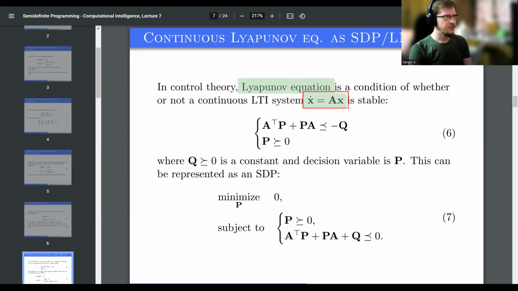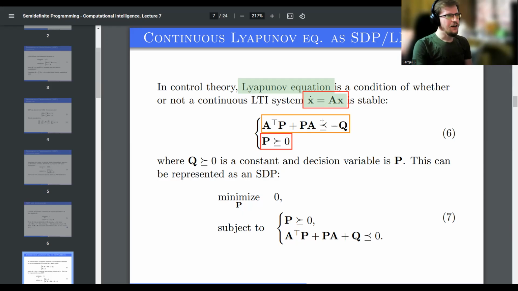To check it, you can use the Lyapunov equation. If you can find such P that's positive semi-definite, and for it the Lyapunov equation holds, then the system is stable.